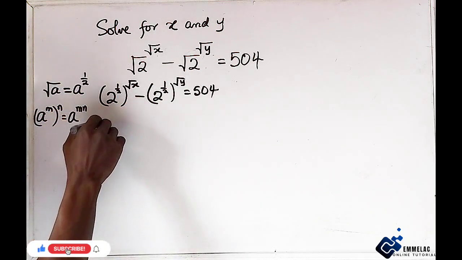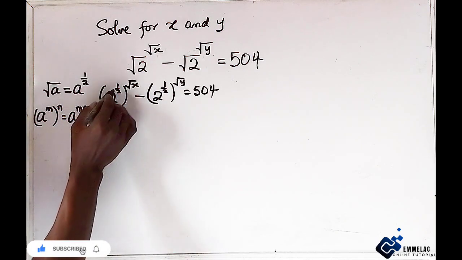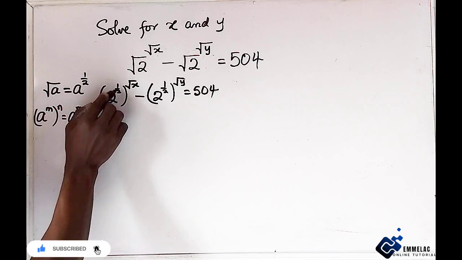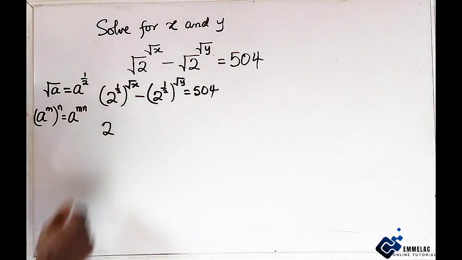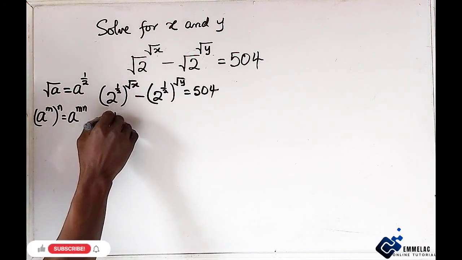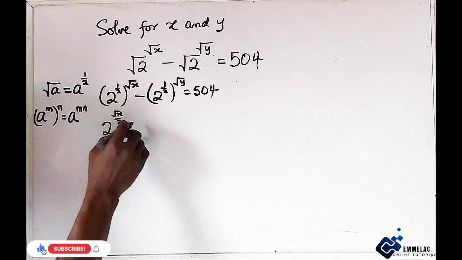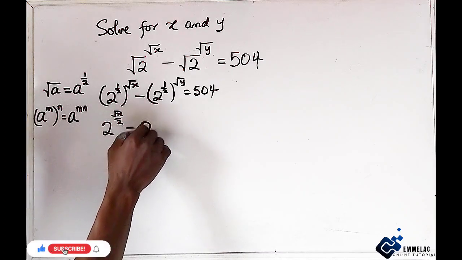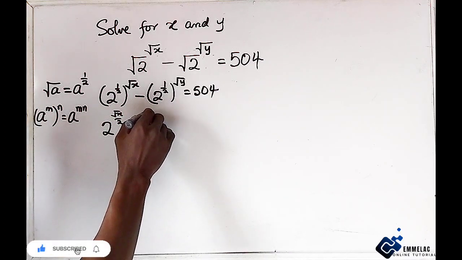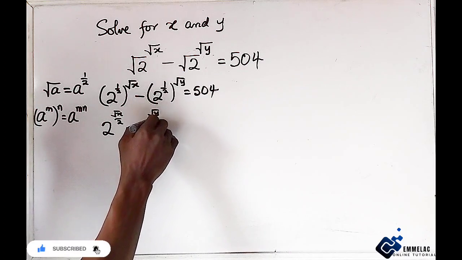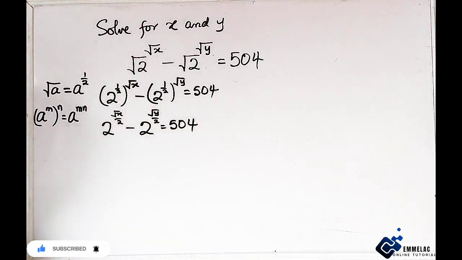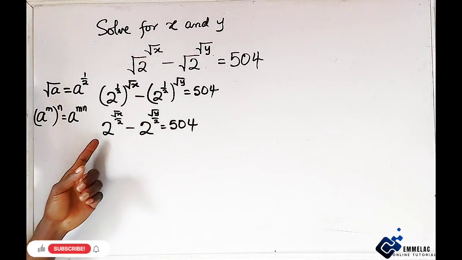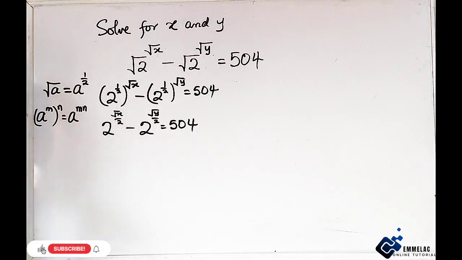So here we have 2 raised to the power of the half multiplied by the square root of x, which is the square root of x all over 2, then minus 2 raised to the power of the square root of y all over 2, equals 504. Now you can see from the left hand side that we have a common base.